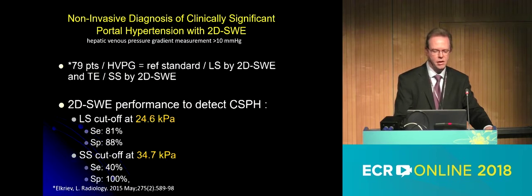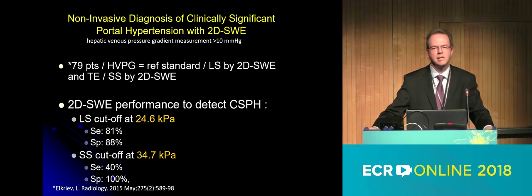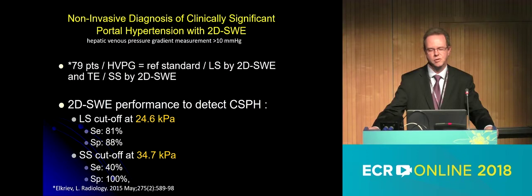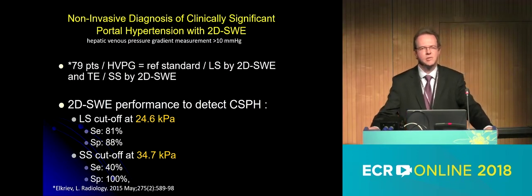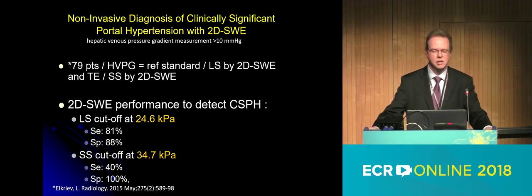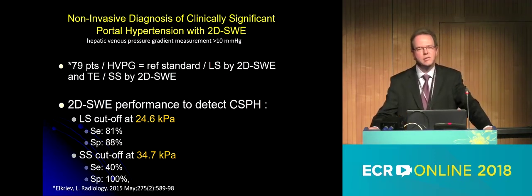But there is not only the liver stiffness to assess the portal hypertension. It is also possible to assess the spleen stiffness, which is possible with a supersonic imaging system easily because it can be done in real time on B mode. So then, what is the added value of the spleen stiffness?